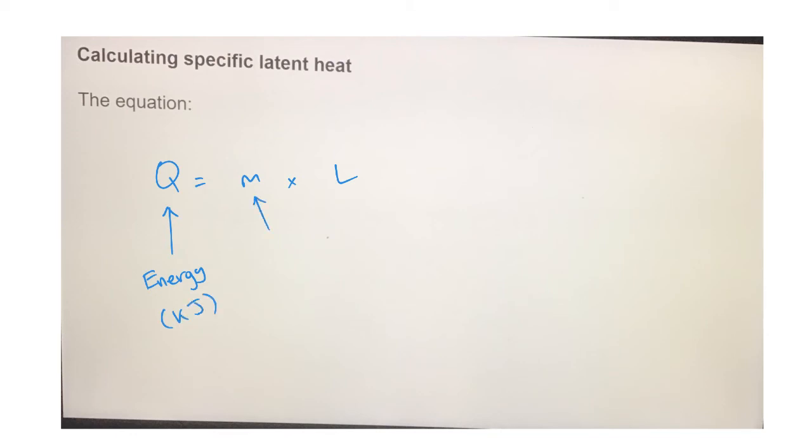M is mass. So that could be your mass of water, could be your mass of copper, your mass of iron, anything. It is your mass, and we're talking about kilograms. And then L is our specific latent heat. And this is in kilojoules per kilograms.